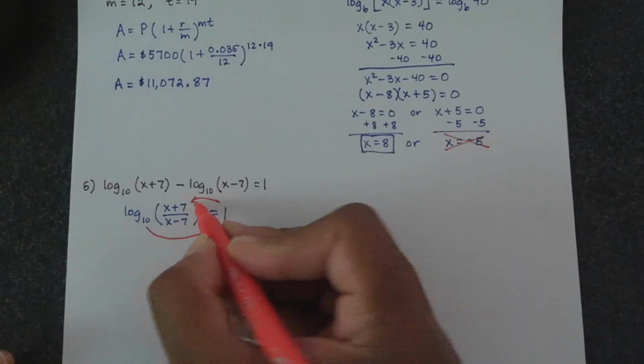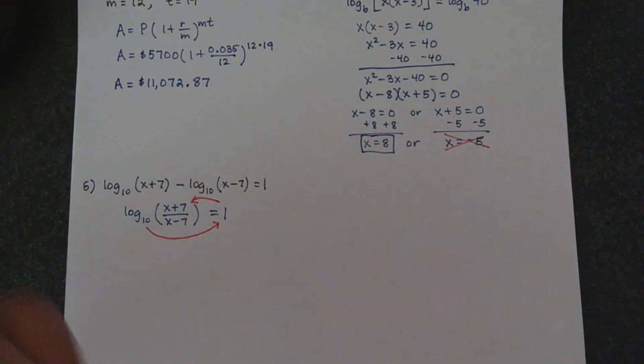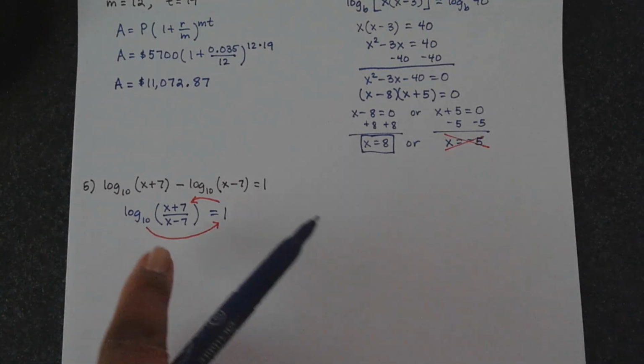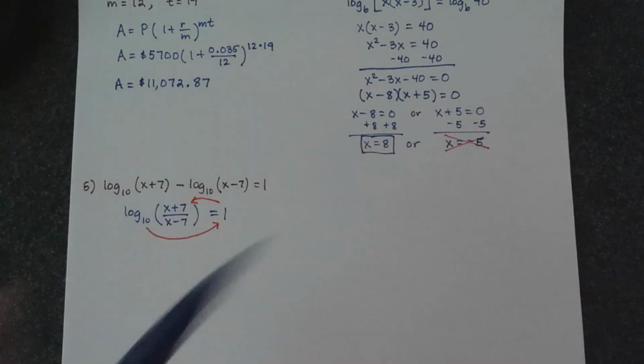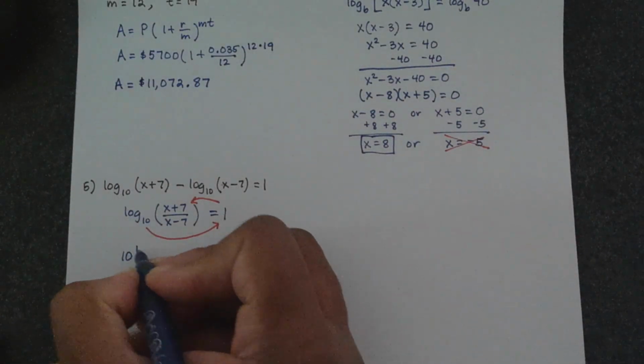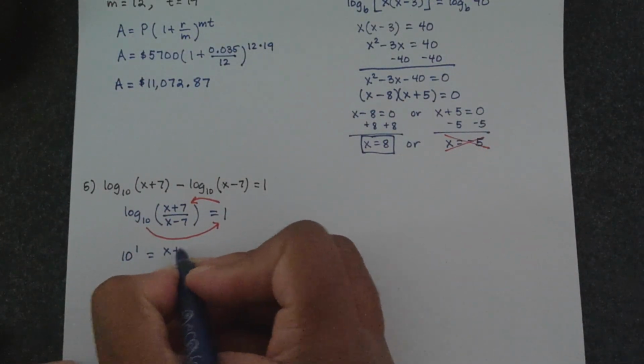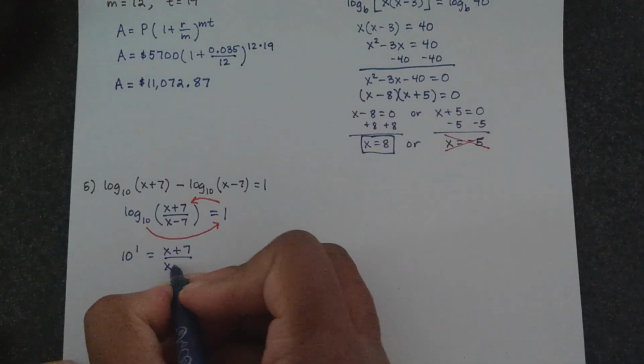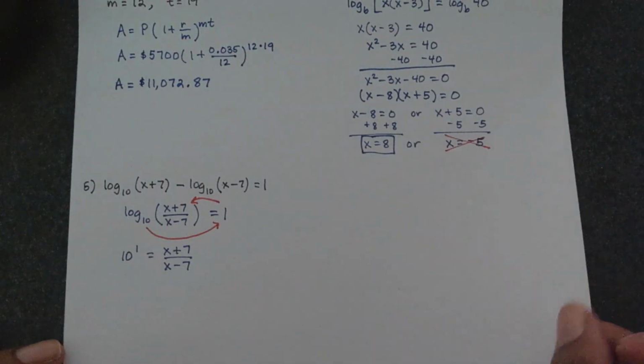That's going to be equal to that expression right here. So log to the base 10 of x plus 7 divided by x minus 7 equaling 1, in its equivalent exponential form, will be 10 to the first power equals x plus 7 divided by x minus 7.